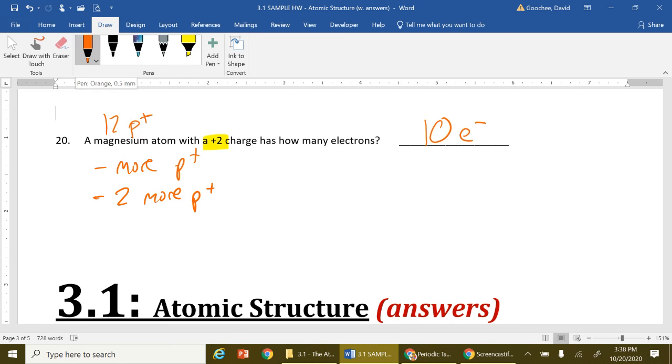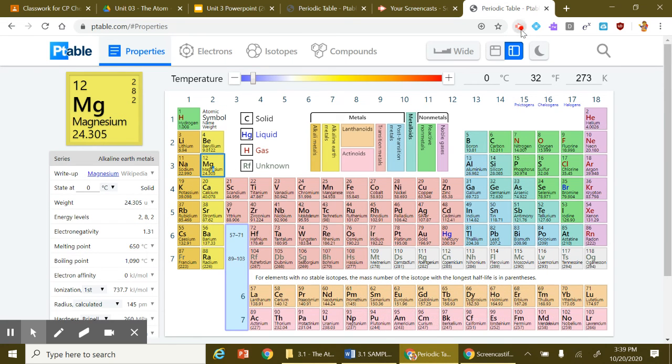It has 10 electrons. And you can check your answer by comparing. If you have an atom with 12 protons and 10 electrons, I asked you, what does it have more of? It has more protons. How many more protons does it have? It has 2 more, so that's a positive 2 charge. And that's how you do the first part of the homework, y'all.